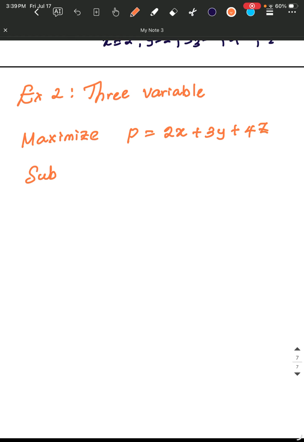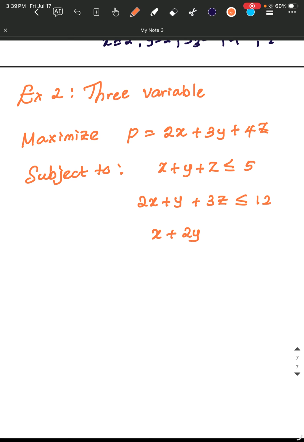Subject to the constraints x plus y plus z less than or equal to 5, 2x plus y plus 3z less than or equal to 12, x plus 2y plus z less than or equal to 8, x, y, z all greater than or equal to 0.